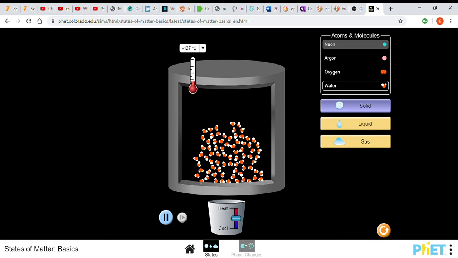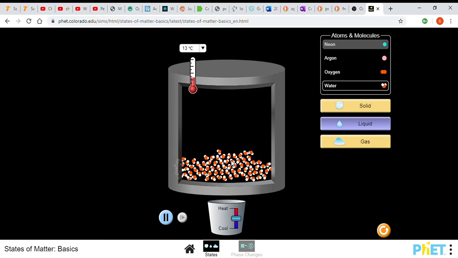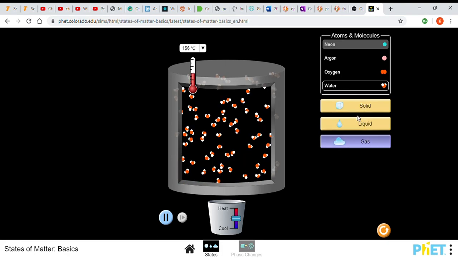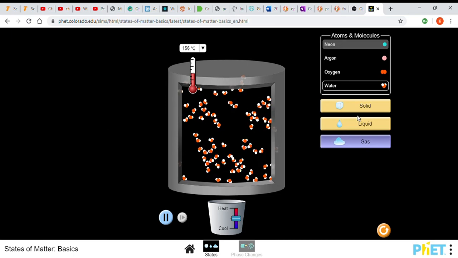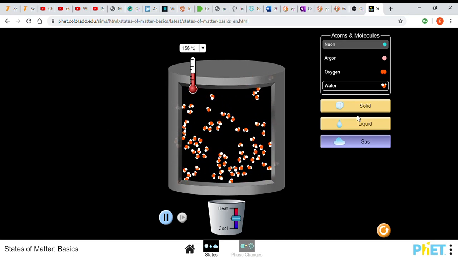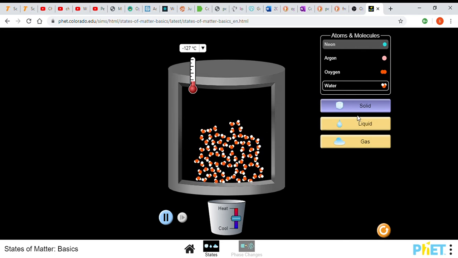And the solid actually is less dense than the liquid. The solid has more spaces, more gaps than the liquid does. And the gas is definitely more. The gas is much, much more spread out than the solid or liquid.